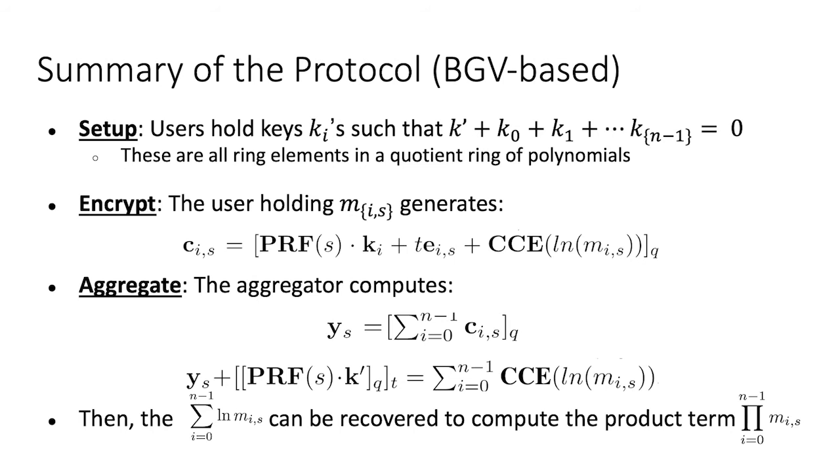Once this is done, the users send their ciphertexts to the aggregator, and the aggregator can compute an intermediate result, which we call Y sub S for the given timestamp S, by summing up all of these intermediate ciphertexts and taking the result mod Q. Once this is done, they can send Y sub S into the Intel SGX enclave, where the aggregator's own private key is stored.